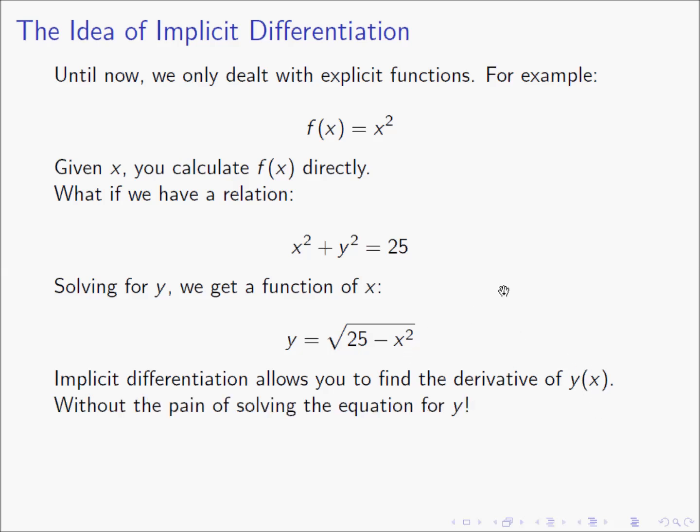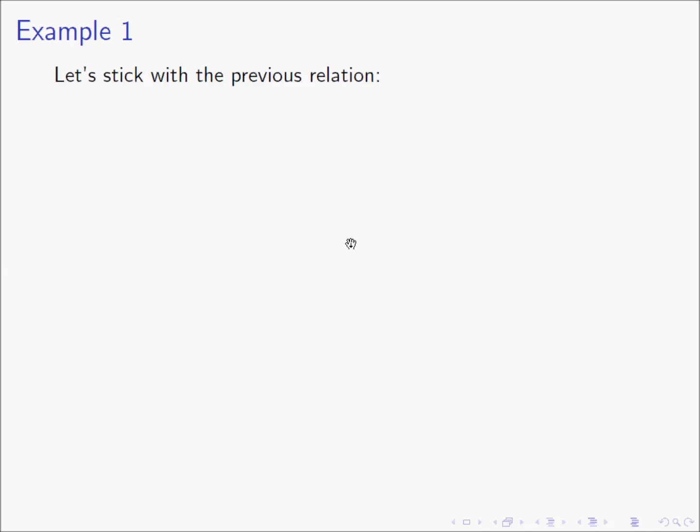And this can be useful because there are some cases in which solving the equation is pretty hard and complicated, and the expression that you get is very complex and not very useful. And there are some cases in which you cannot solve for the variable. So let's see with an example how this is done.